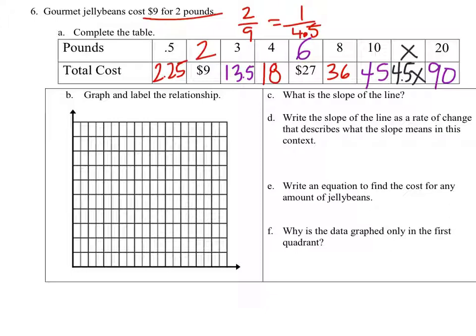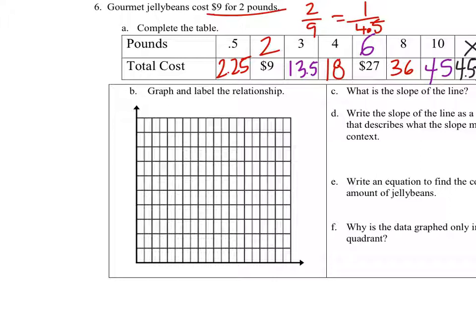Does the amount of pounds you get depend on the cost, or will the cost depend on the pounds? The cost depends on the pounds. So we're going to have cost right here, and then the pounds is going to be the x. So this is going to be the number of pounds.